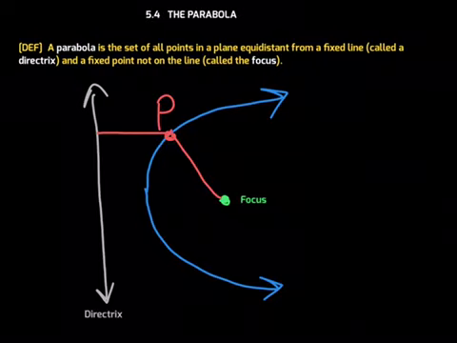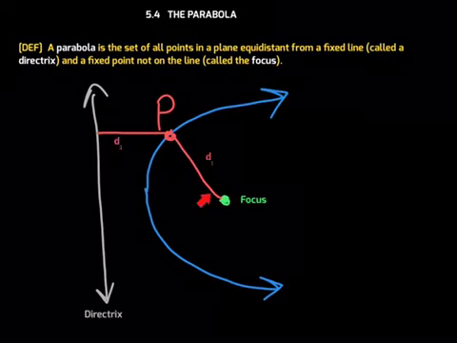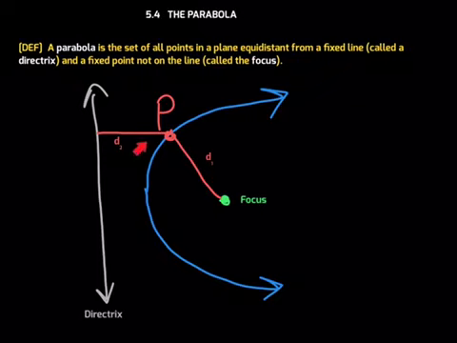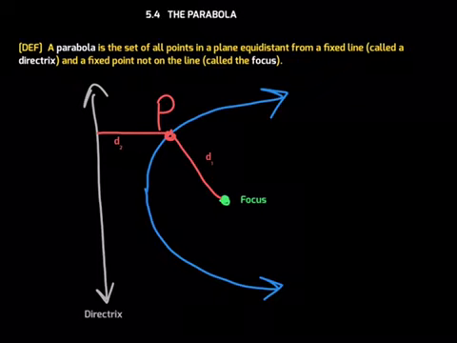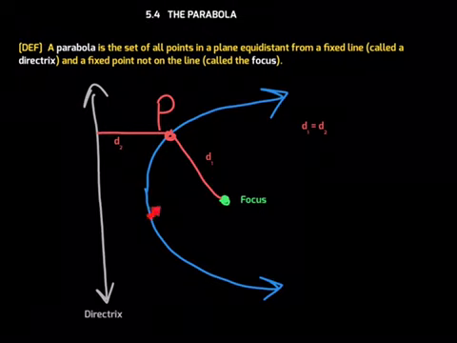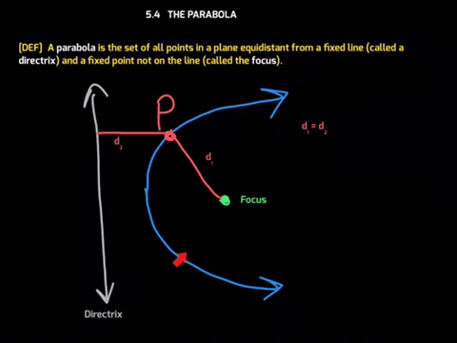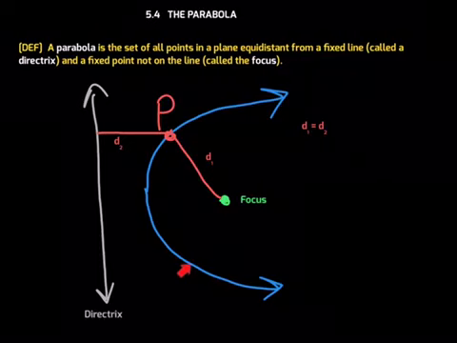That is to say that these two distances, d sub 1 and d sub 2, are equal. And that's true for every point on our parabola. Every point on the parabola has that in common, that the distance from that point to the focus is equal to the distance from that point to the directrix. Cool?